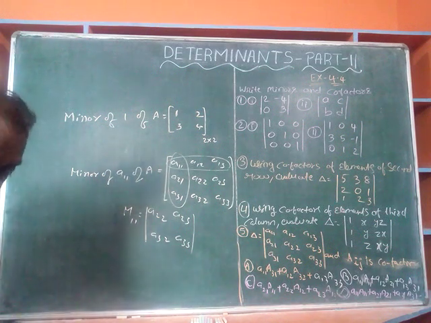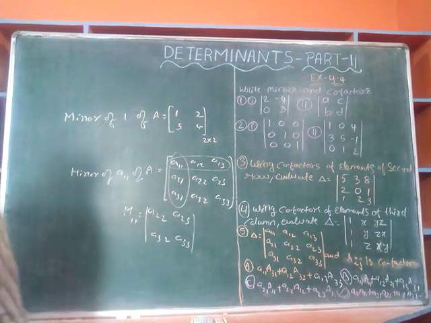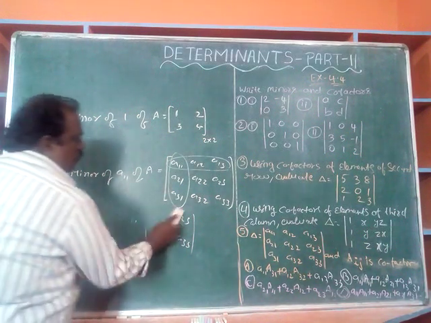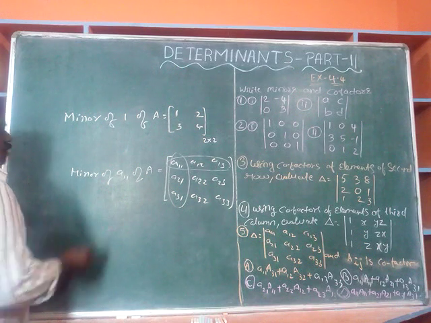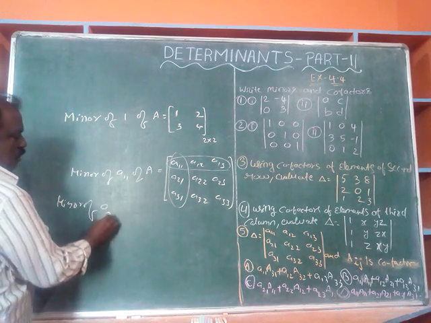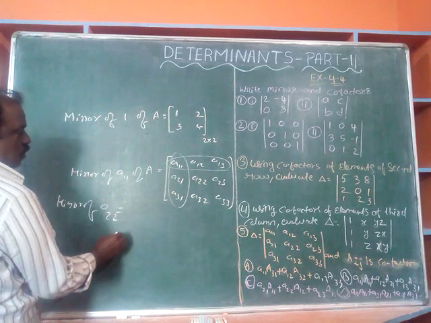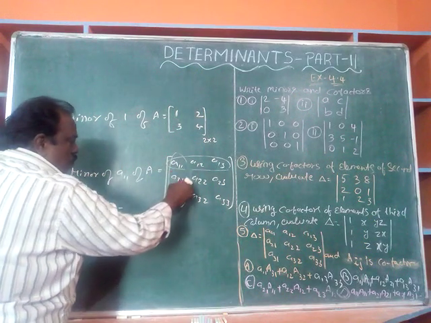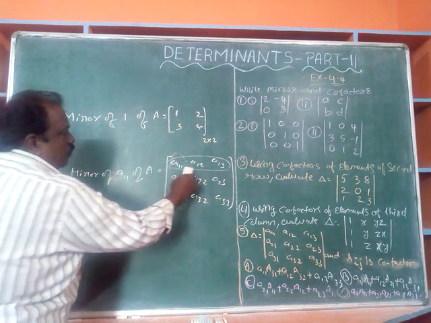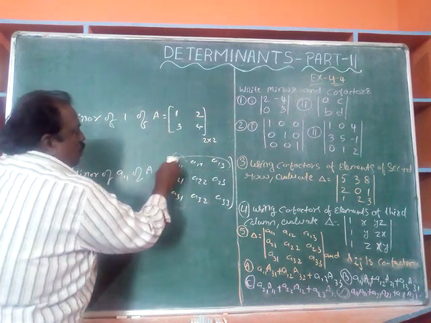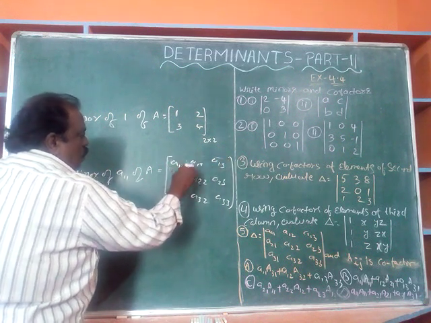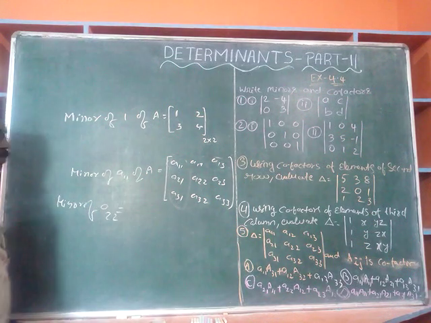Now, one more example. For example, the minor of A22. The minor is always related with an element of any row and any column of the given matrix.